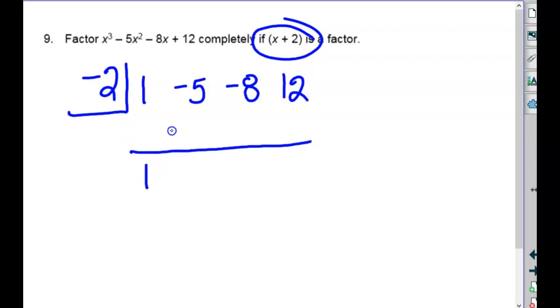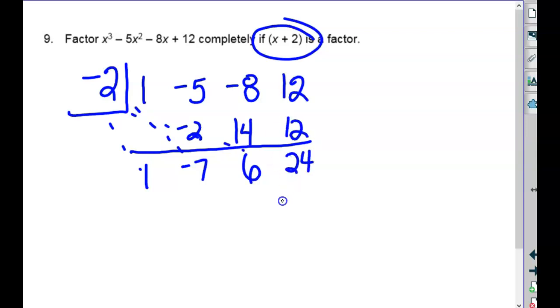Bring down, multiply, add, multiply, add, multiply, add. I did not get that is a factor. Did I make a mistake somewhere? Oh, right there, that's 0. Okay, yep, multiply carefully, watch your signs carefully.